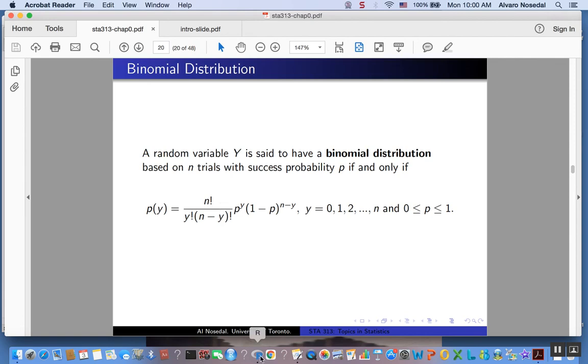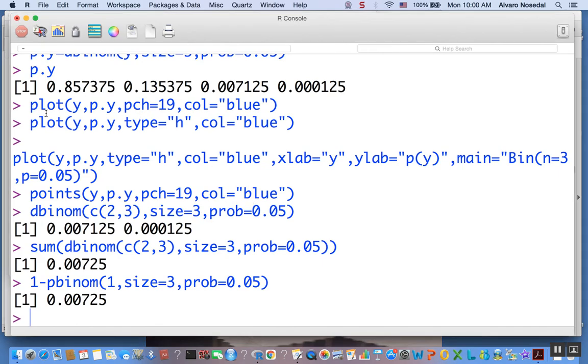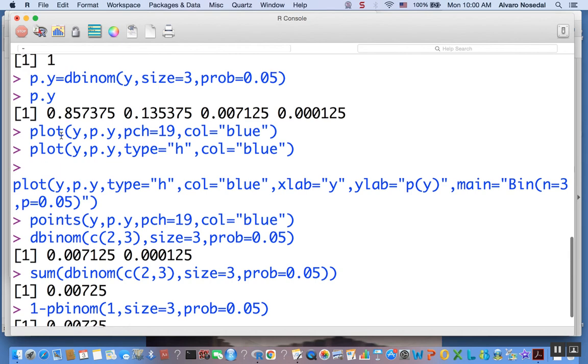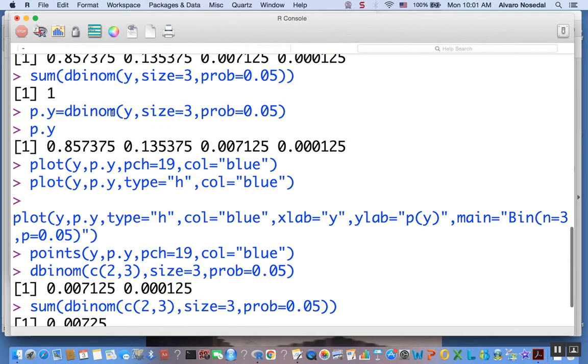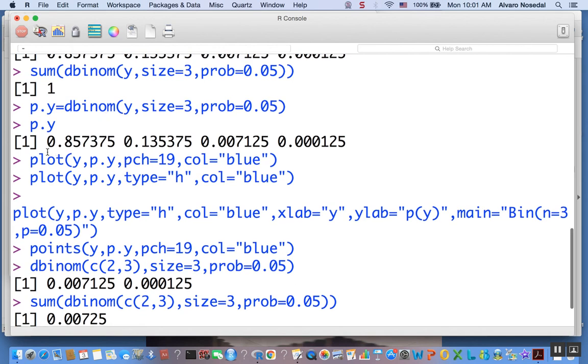We also along the way played around with R a little bit using the function plot and the function dbinom. dbinom is going to help us evaluate the probability mass function of a binomial distribution. So using dbinom and the values of our random variable in combination with this R command plot, we created a graphical representation of the probability mass function for our binomial with parameters n and 3, right?